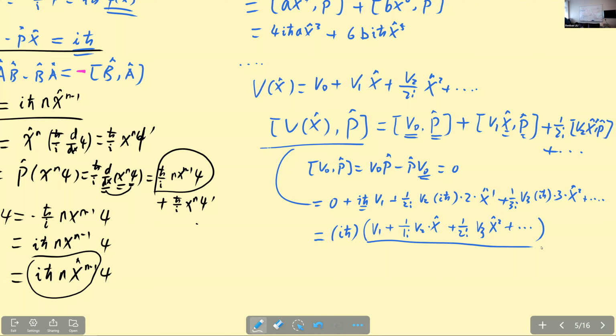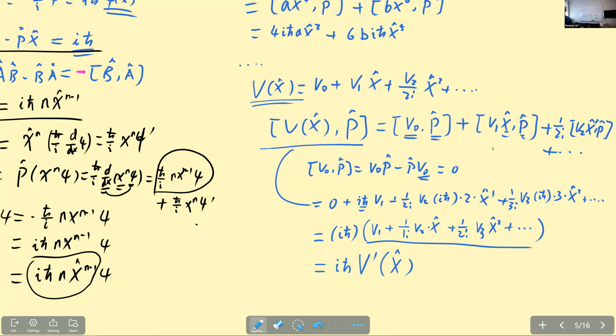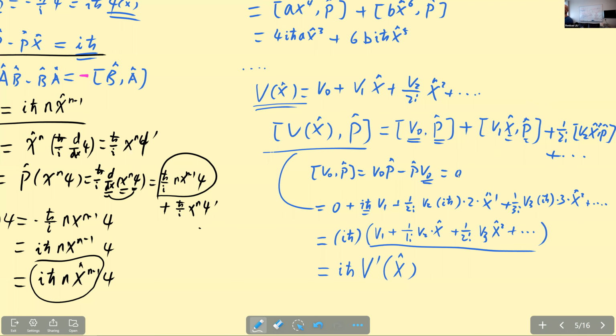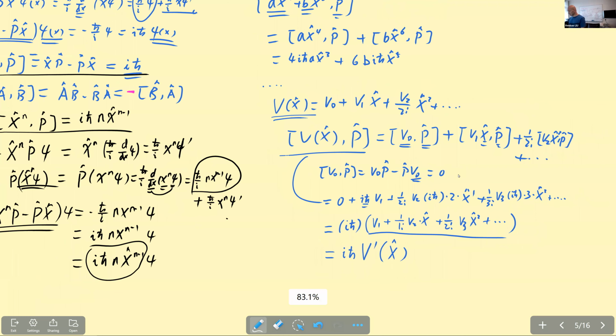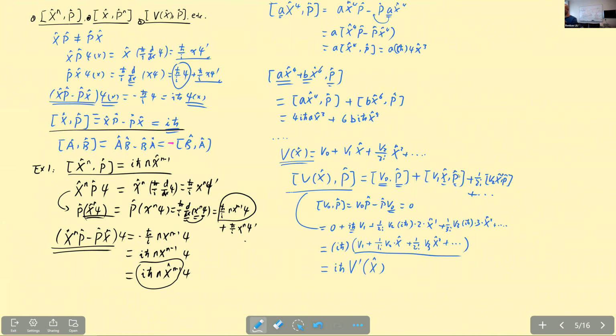This is nothing but just a Taylor expansion of the derivative of this one. So it's nothing but i h bar, the derivative of V, that's V prime, as a function of x. Okay, so this is a very nice formula, right? So you can not only have commutators between x^n and p, you can also have V(x), a function of x, and the p, okay?